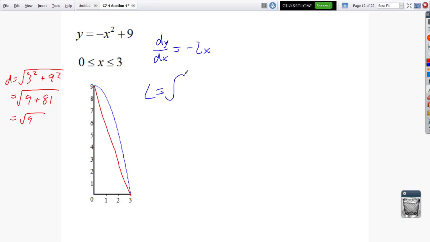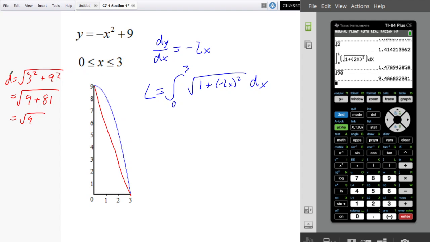Since we're doing everything in terms of x, because I haven't told you when you would want to do it in terms of y yet, we're going to go from 0 to 3 of the square root of 1 plus negative 2x squared dx. You can simplify this if you want to. I wouldn't, because I can just plug this into my calculator, which is way easier.